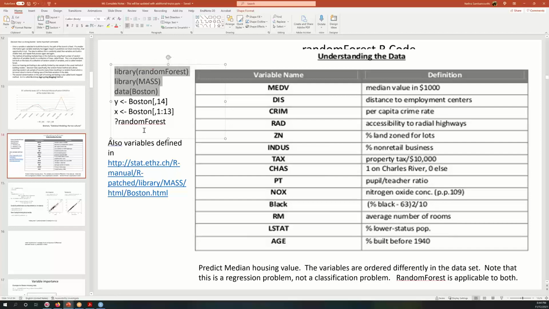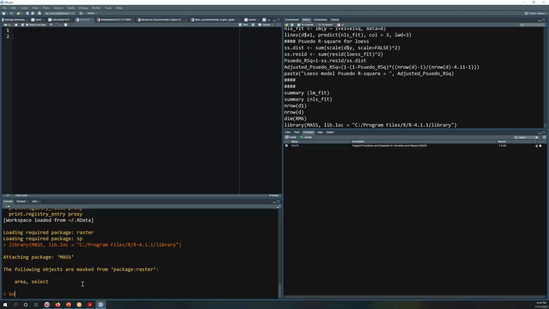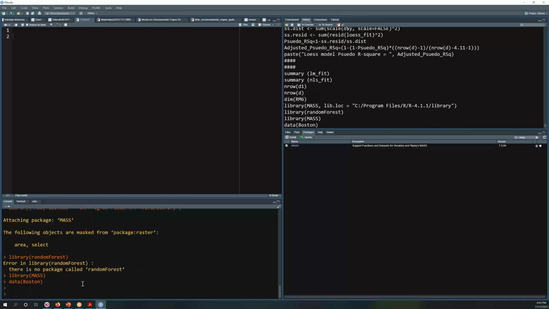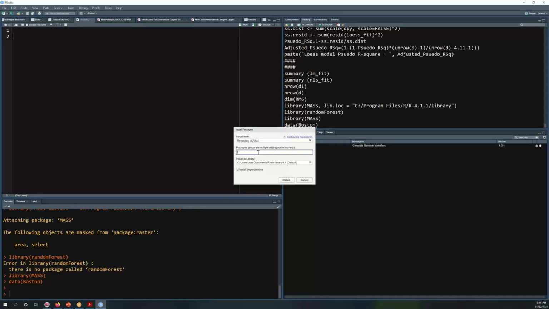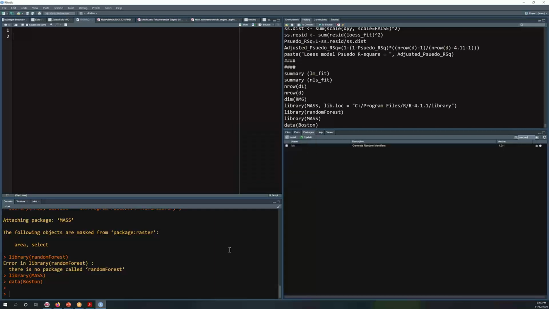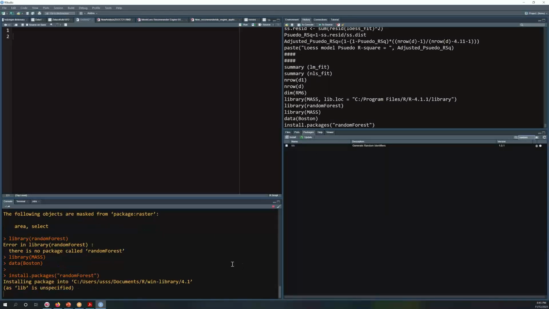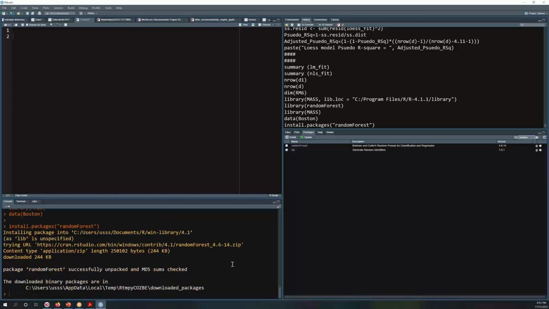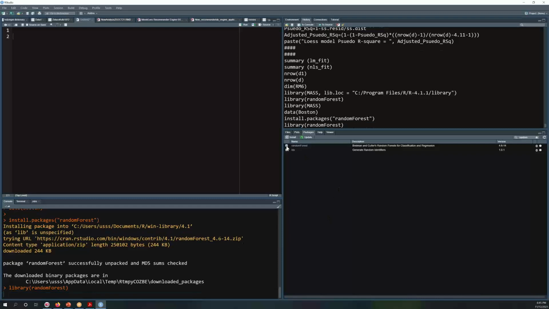And then data Boston. All right. There is no package called randomForest. I don't have randomForest, so I'll have to install it. Install randomForest. So let me take that into the library.